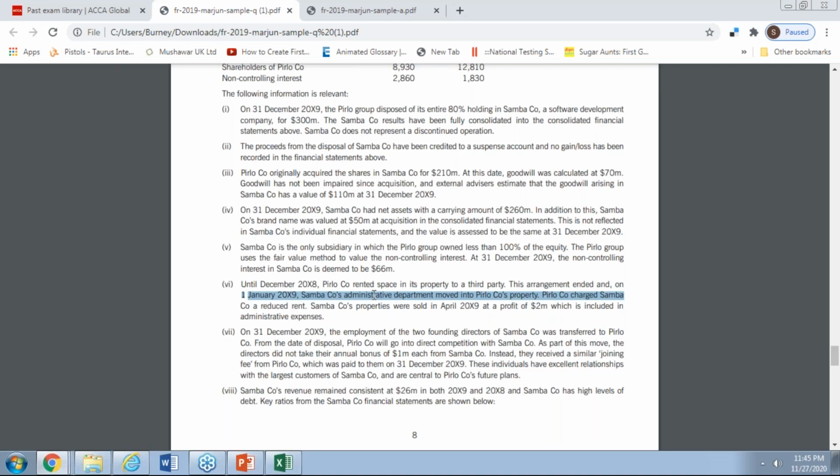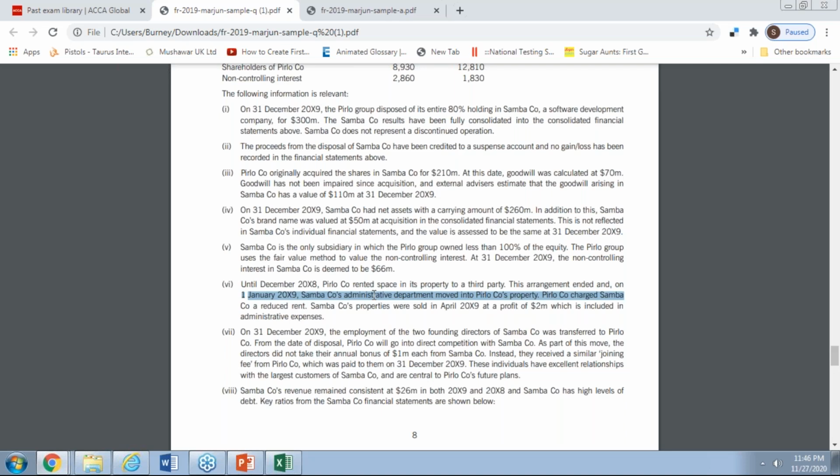So there will be two impacts for this transaction. First, on the individual basis, there will be a saving of Samba company's rent. So Samba company, if they hired a new property or moved to a third party's property, they would have to pay a huge amount of rent. But they shifted into the parent company's property, so they are paying the reduced rent.